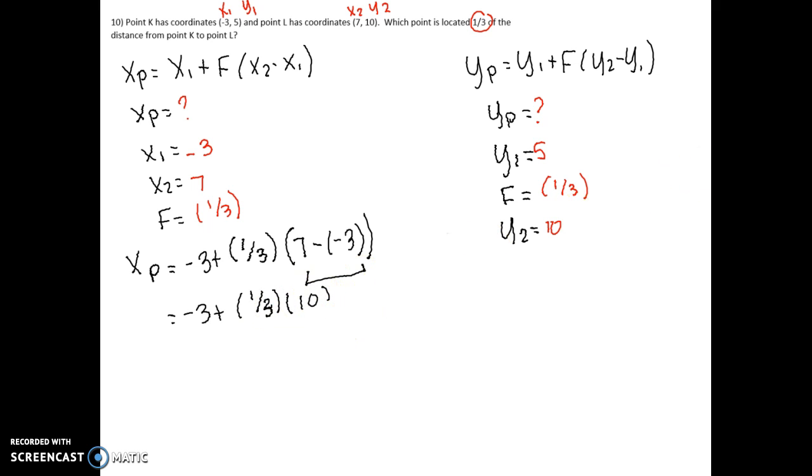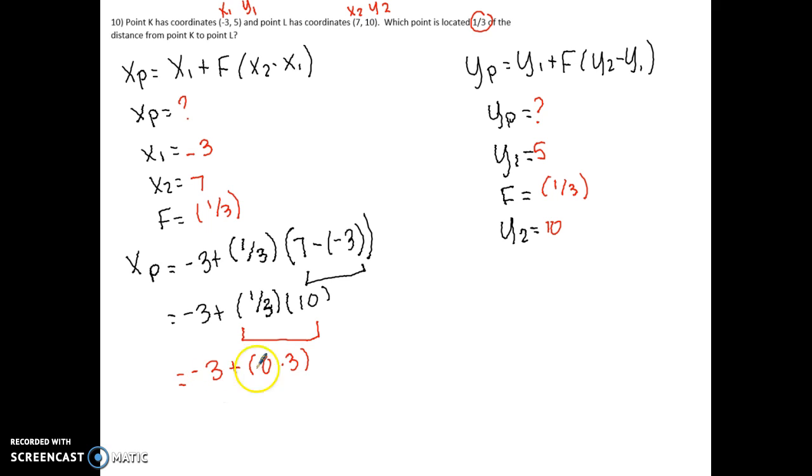Next up is to do the two parentheses. So times 10 times 1 divided by 3, and that gives us 0.3.